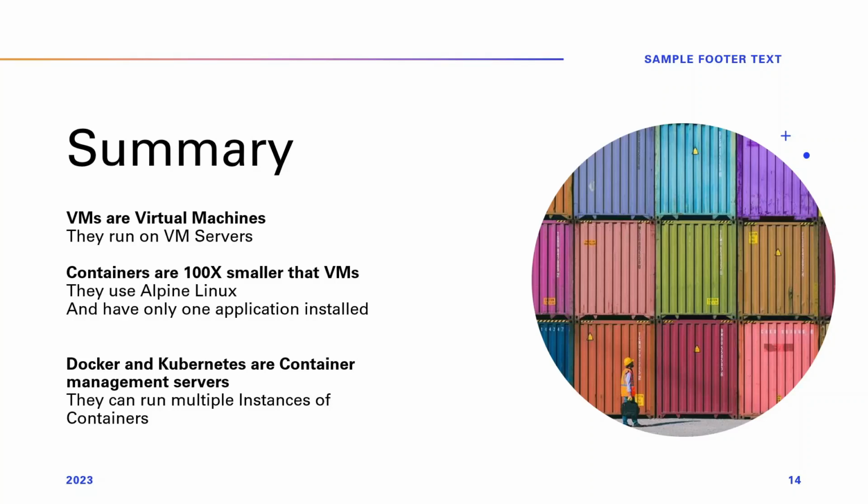And we had multiple instances of the container. In our case, we had multiple instances of the Nginx server running in the Kubernetes cluster, and we were able to open from the browser each of those instances on each of the node servers.